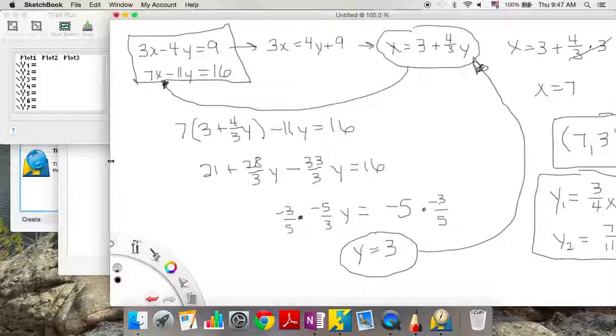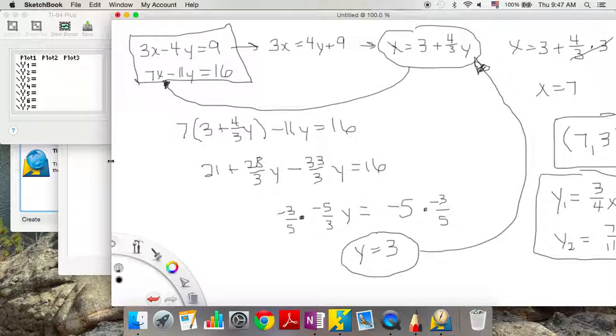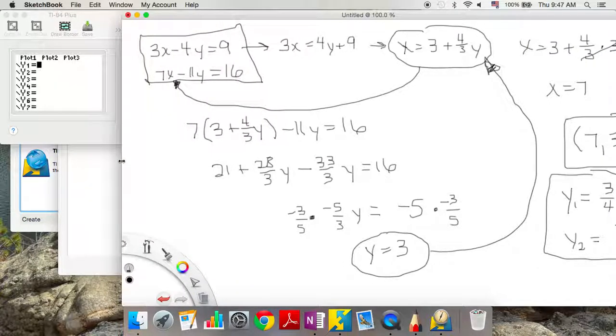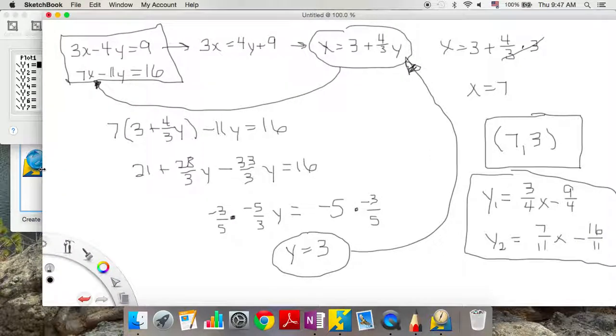So let's look at our calculator. We need to type in our equations. So we've got 3/4 x minus 9/4 and 7/11 x minus 16/11.